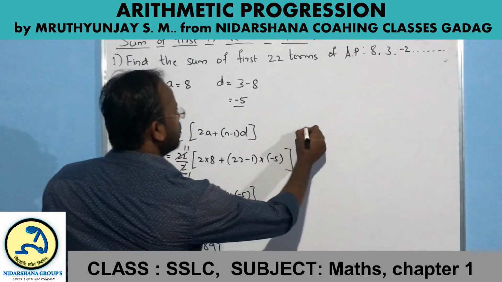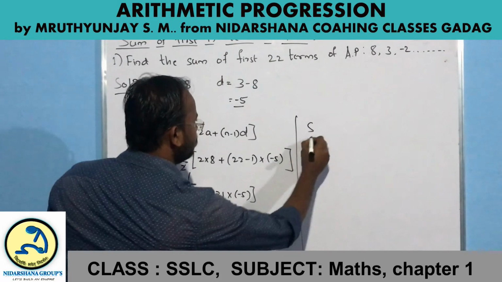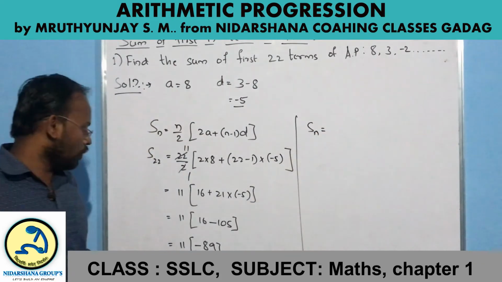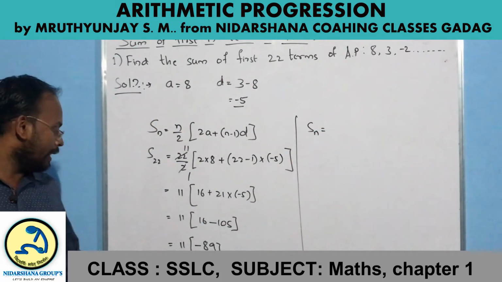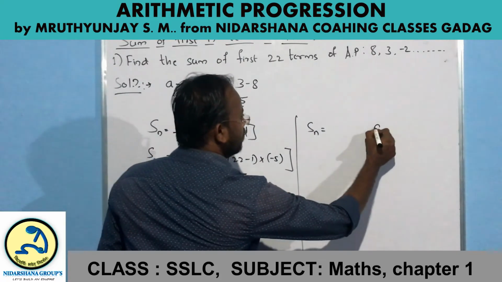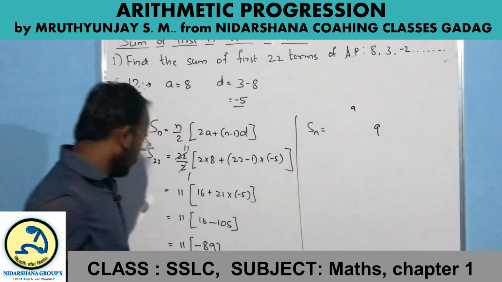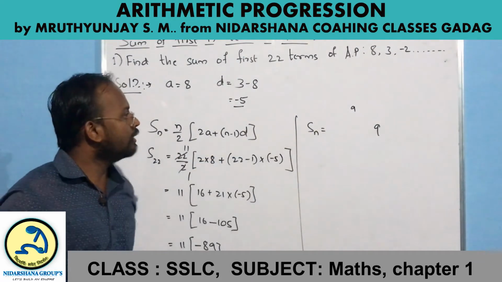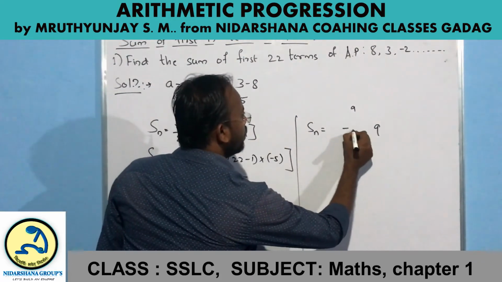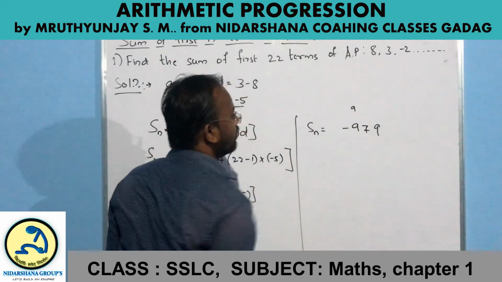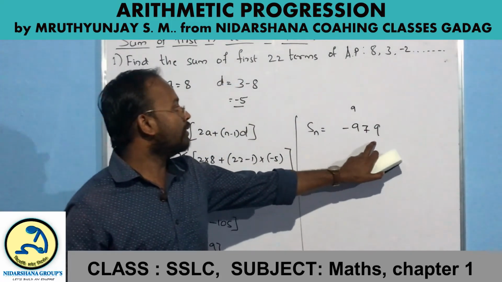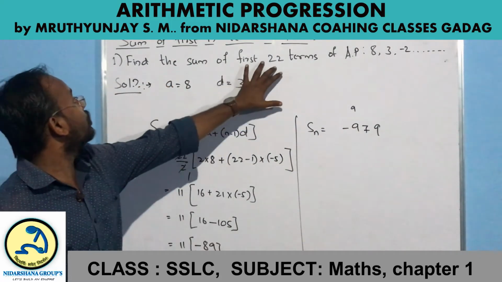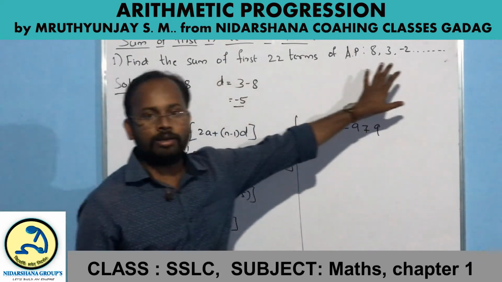So Sn is equal to 11 into 89. 11 nines are 99, carry 9. 11 eights are 88, 88 plus 9 is 97. That becomes minus 979 is the sum of first 22 terms of the given arithmetic progression.